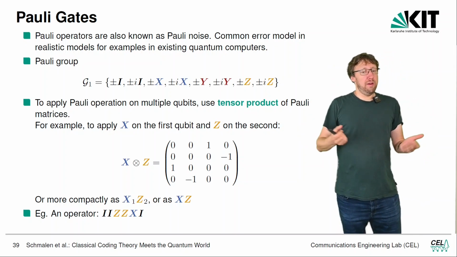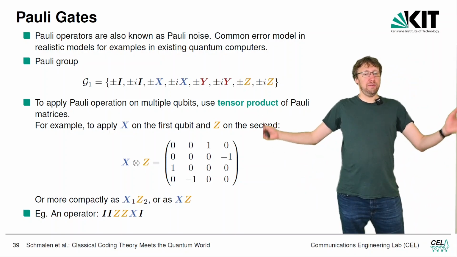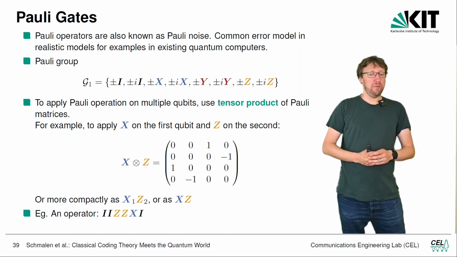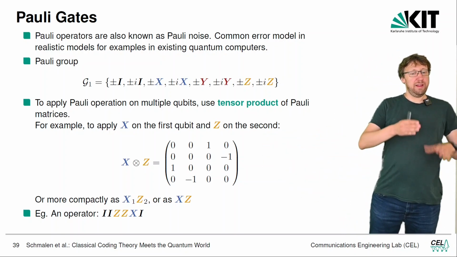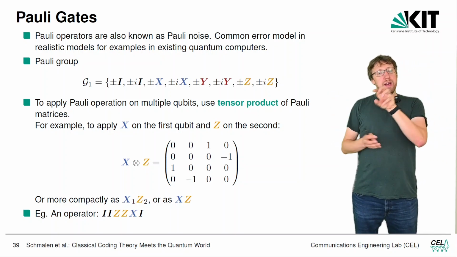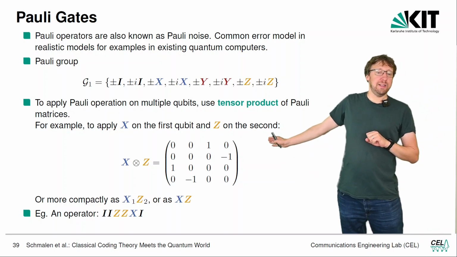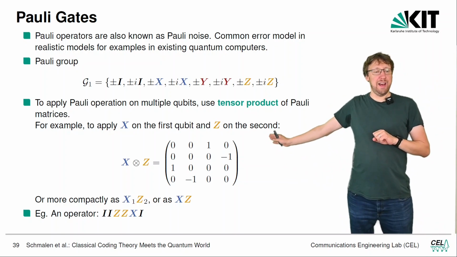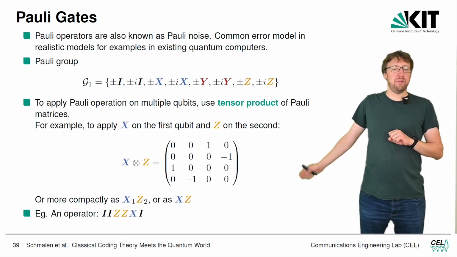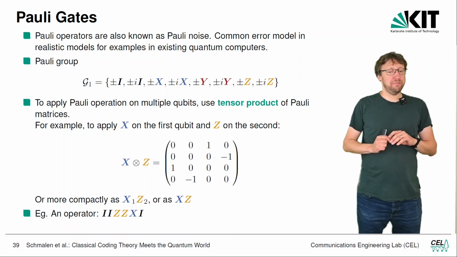Now if you have a Pauli operator on multiple qubits, we just use the tensor product of the Pauli matrices. So if X is acting on the first qubit and Z is acting on the second qubit, we generate the tensor product of X and Z, and we get this matrix which acts on the 2 qubits, which is again a unitary matrix.